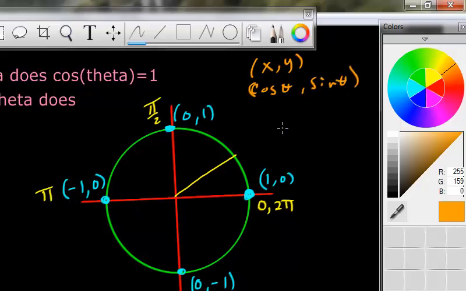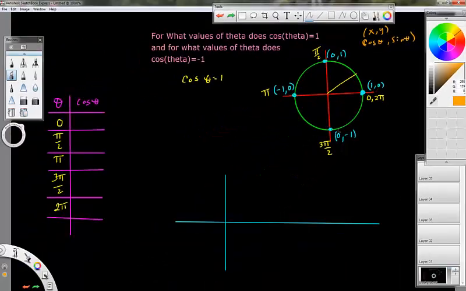And if you don't understand why, you need to go back and watch the one from yesterday, because I do go over that. All right, so that's the x values, basically. It's 1, 0, negative 1, 0. Again, just like the other video, I'm going to circle them: 1, 0, negative 1, 0. Just like that.